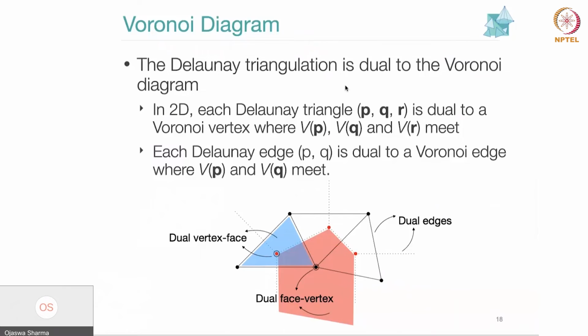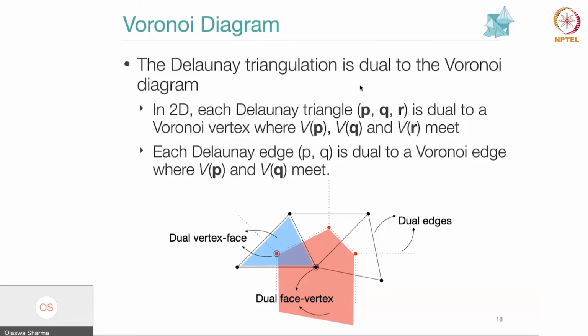Now, in 2D, each triangle PQR is dual to the Voronoi vertex where these three regions VP, VQ, and VR meet, right? There's a small illustration that I made here, which is exactly what I had drawn on that screen. But I hope this is clear.